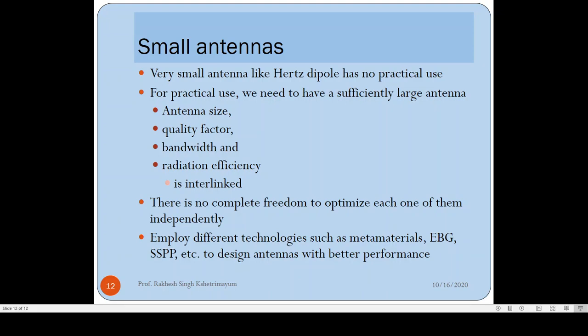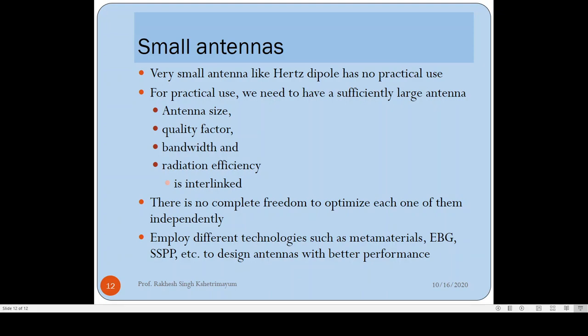This kind of material can have negative mu and epsilon. Metamaterials are widely used for improving the performance of antennas, and in recent years people are using EBG, electromagnetic band gap structures, to suppress the surface waves inside the material and to improve the antenna performance, efficiency, and gain.